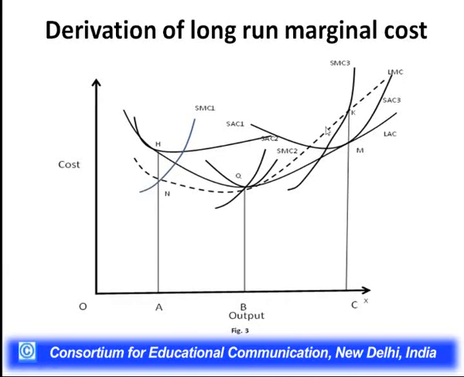But after that it is rising because we have reached more than the optimum input ratio, and marginal cost goes on increasing because of the falling marginal productivity of the variable factors. The relationship between LAC and LMC is the same as that of SAC and SMC. When LAC is falling, LMC is below it. LAC is cut by LMC at its minimum point, and when LAC is rising, LMC is above it.